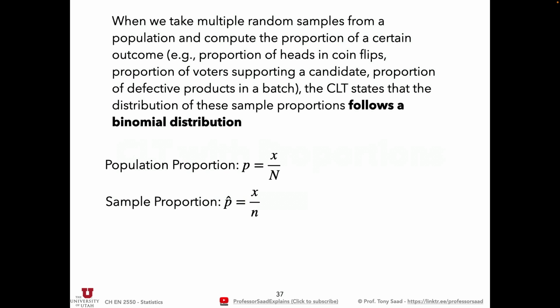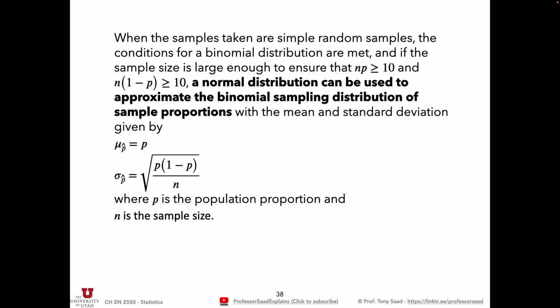For the sample, we take the value in the sample divided by the total size of your sample. That gives you a proportion. The value of the proportion goes from 0 to 1, or 0 to 100%. Now, when samples are simple random samples, the conditions for a binomial distribution are met.